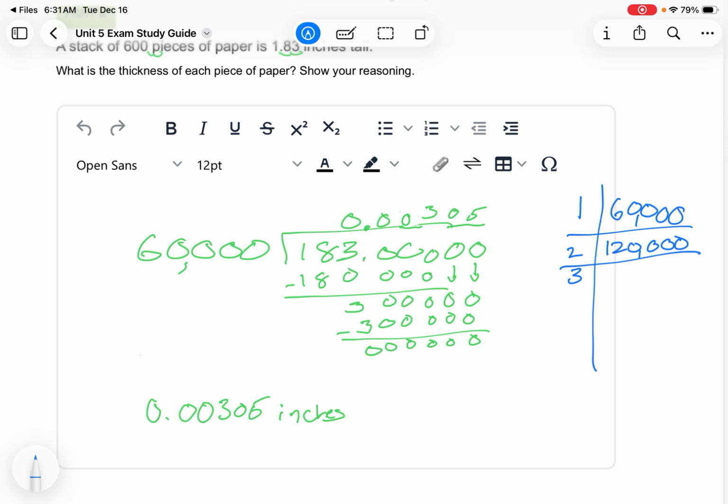And then 60,000 plus 120,000 is 180,000. And so that's where I knew that the biggest without going over is 180,000.